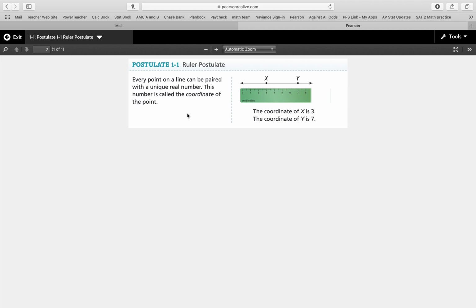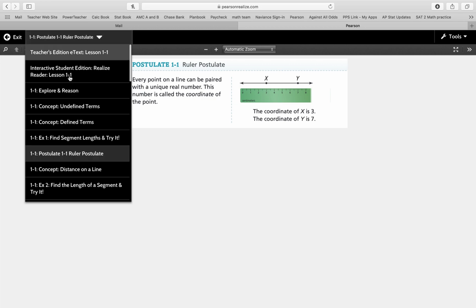You have looked at coordinate geometry before, back in your Algebra 1 or Algebra 2 class, where you had an X and a Y value, and that was your point. But if we're looking at just a single line on a ruler, now we are looking at a single point. So therefore, the coordinate of X is 3, the coordinate of Y is 7, and so forth. So that's called the ruler postulate. It's just that every single point can be matched up with a number.